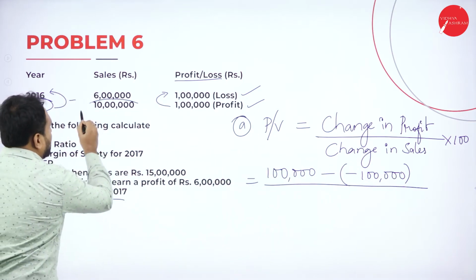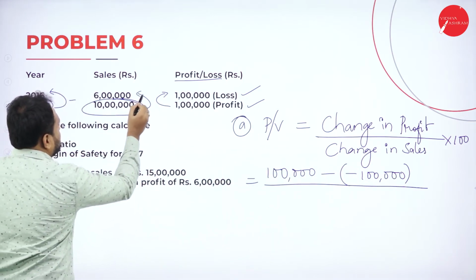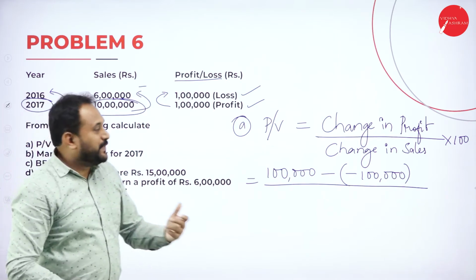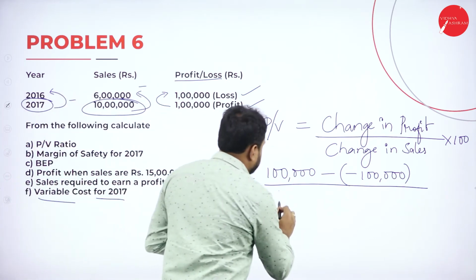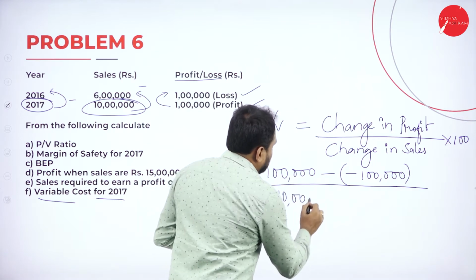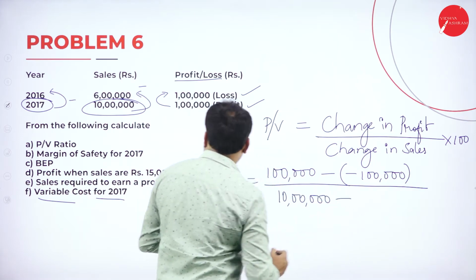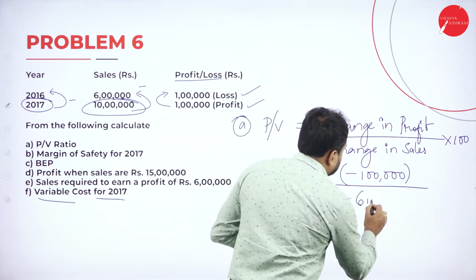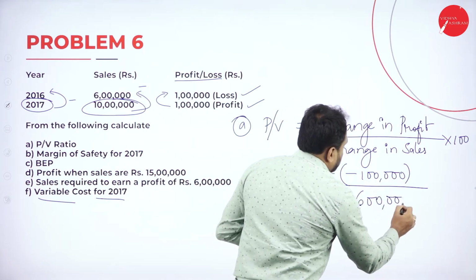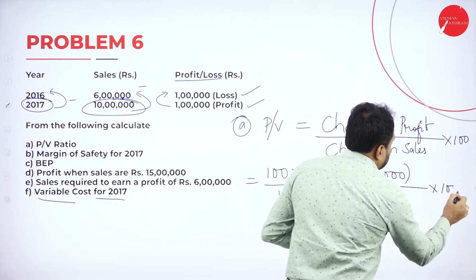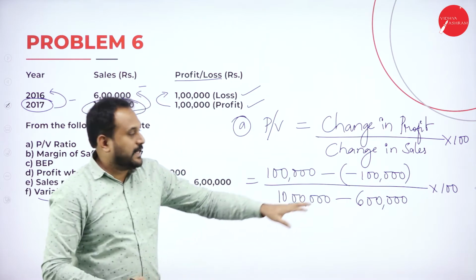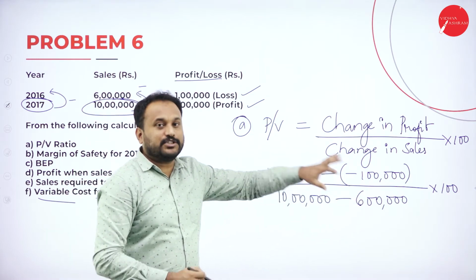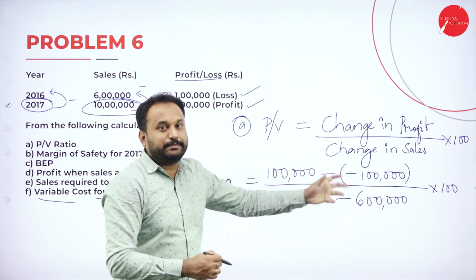You are supposed to go with current year minus the previous year. So it is 10 lakh minus 6 lakh into 100. Now you got to know why into 100, because PV is always represented with percentage.